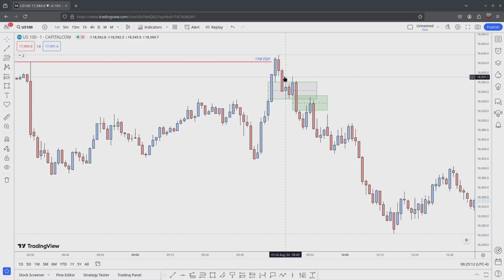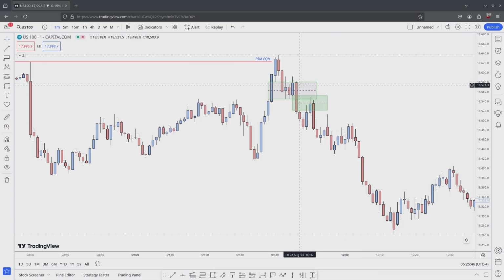Now, we could also use this inversion, with price trading below this inversion with this same candle here, and that also gives us a confirmation that price has shifted structure. By looking at price, anticipating that price gives us an inversion with this fair value gap.